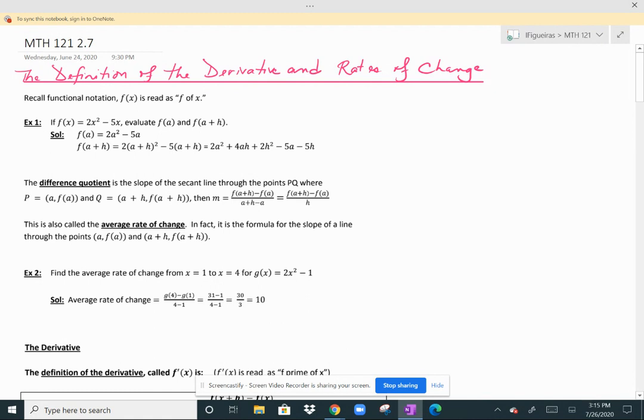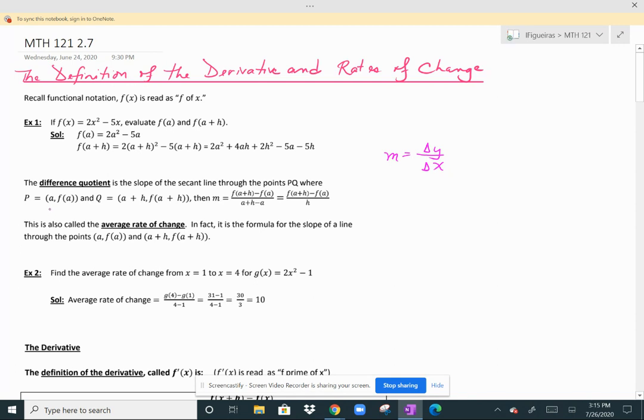So again, using functional notation, we can define something called a difference quotient. And a difference quotient is basically a slope. And if you remember what slope is, your slope is your change in y over the change in x. We're just going to be using slightly different notation.